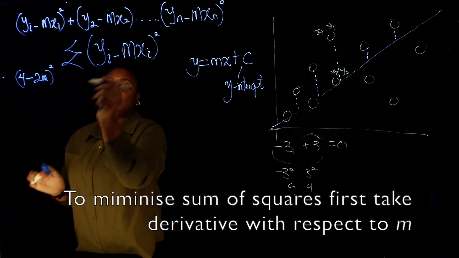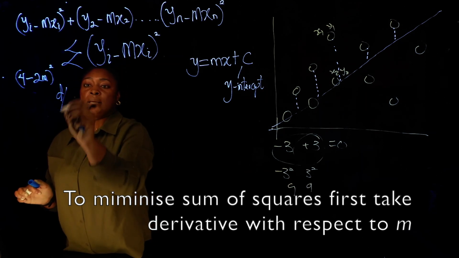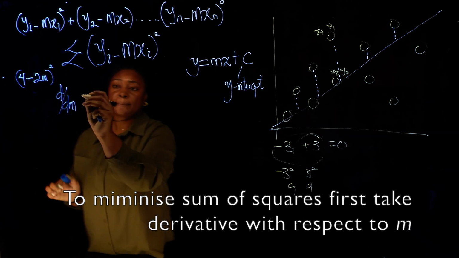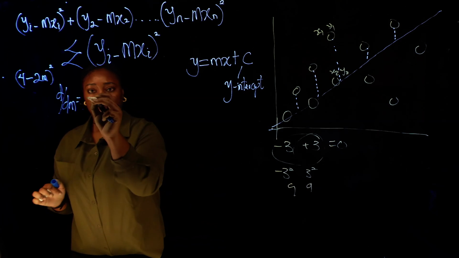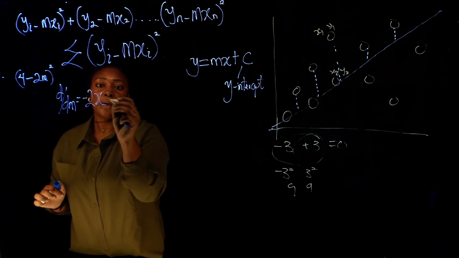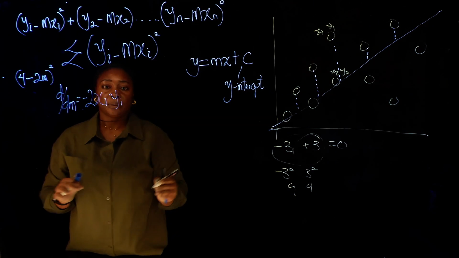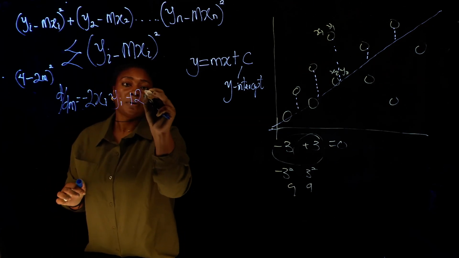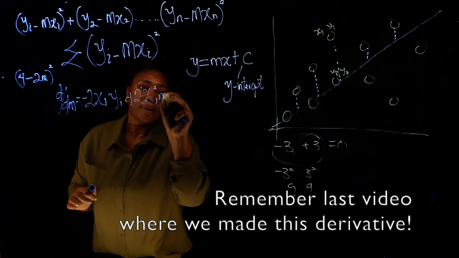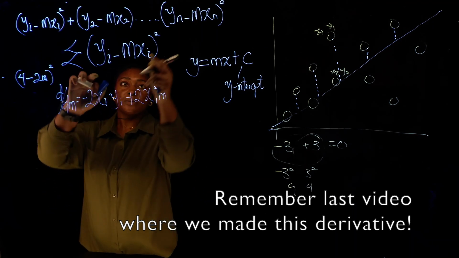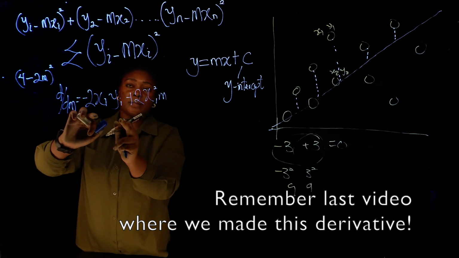And so we say the derivative with respect to m, dm, is going to be equal to, say, minus 2x1 y1 plus 2x1 squared m, because when you differentiate this, you get this. Remember, we are picking each data point. So this is for one data point. It's all squared.